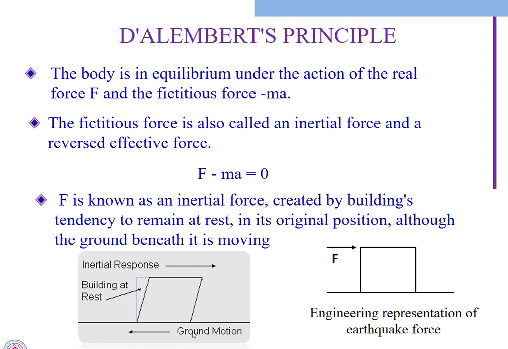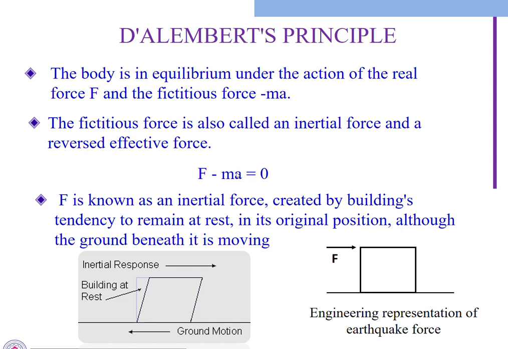If you apply the ground excitation in the positive direction, the inertial force will be generated in the opposite direction. And we get the equation F minus ma equal to 0, which is D'Alembert's equation, where ma is known as the inertial force created by the building's tendency to remain at rest.